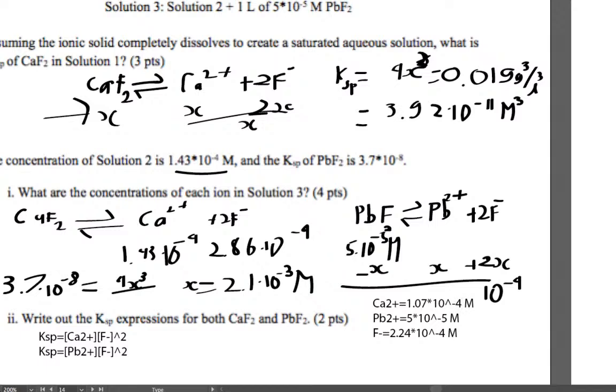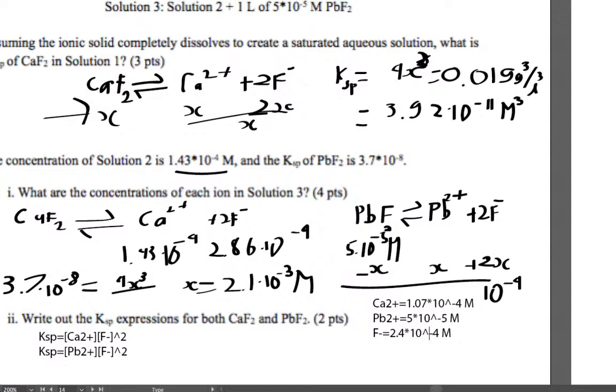You'll get 8.5801, which doesn't make sense because that's not what I was supposed to plug in. It's 9.58, and then you divide it all by 4. What you get is 2.4 times 10 to the power negative 4.